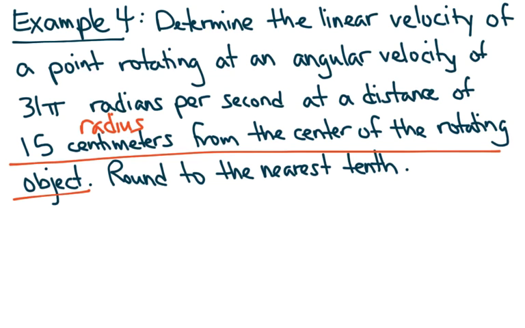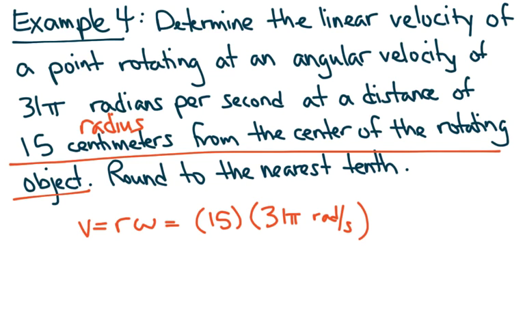Because what's the distance from the center of the rotating object? Well, that's a radius. The linear velocity is the radius times the angular velocity. The radius is 15 centimeters, and the angular velocity was 31 pi radians per second. When I multiply this all out, my final answer is going to be in centimeters per second.